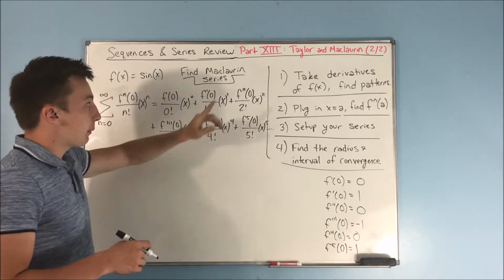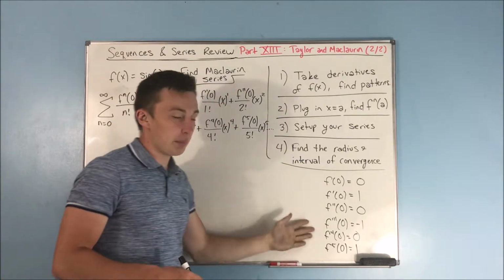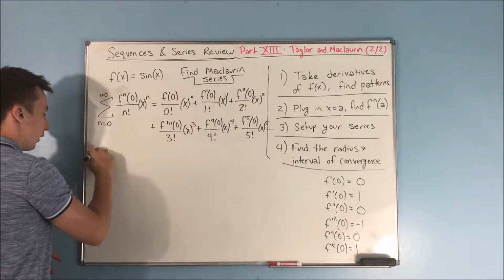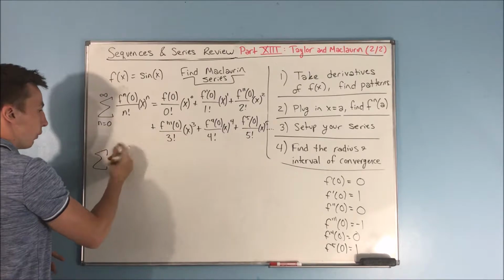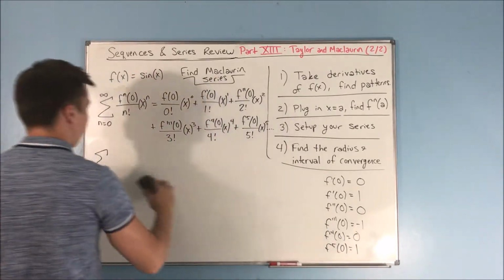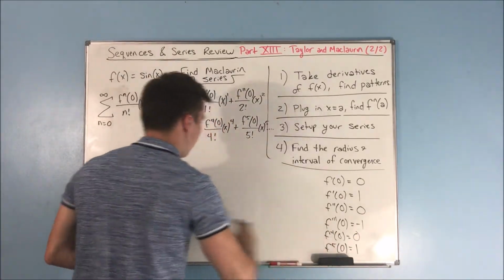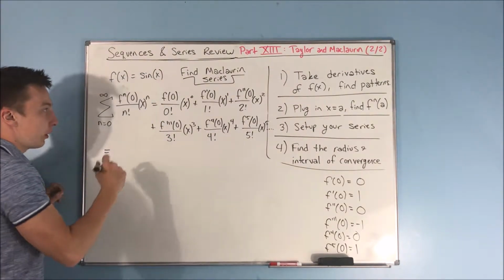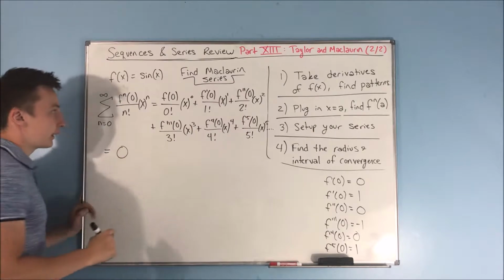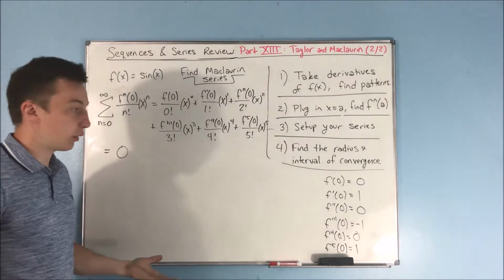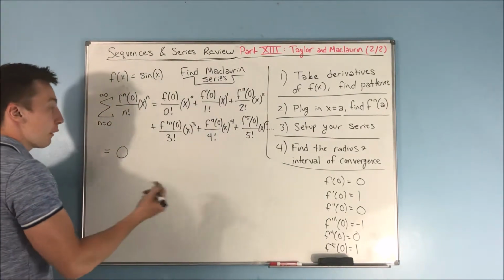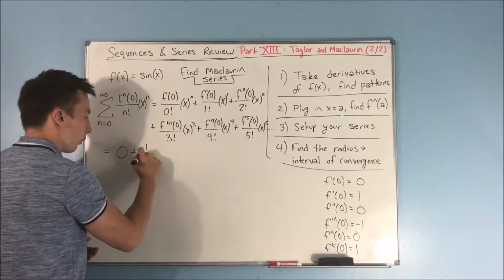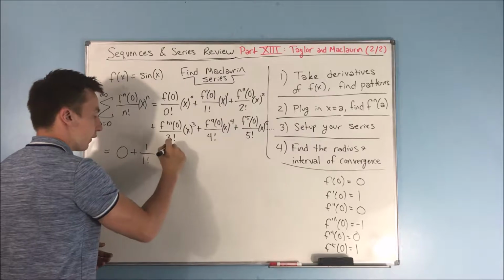We know what these are: f of 0, f prime of 0, f double prime, that's what we found in step 2. So what we can do is put that in here. f of 0 is 0, so the whole first term is going to be 0. F prime of 0, however, is 1, so we're going to have plus 1 over 1 factorial times x to the first.